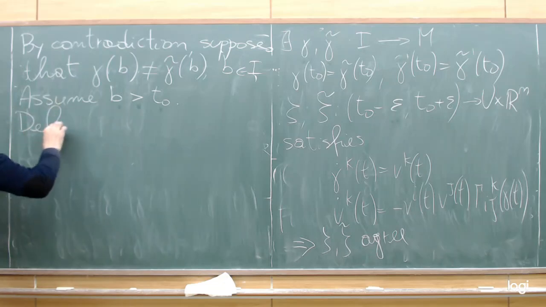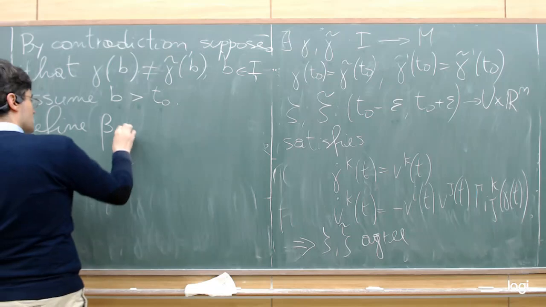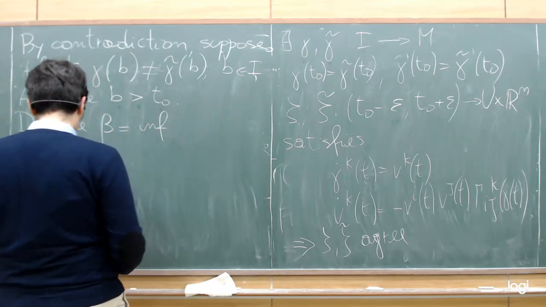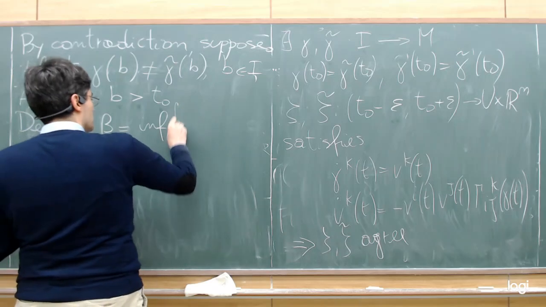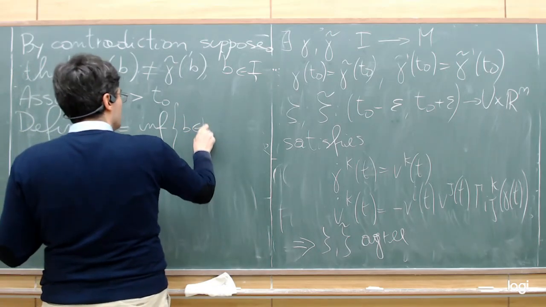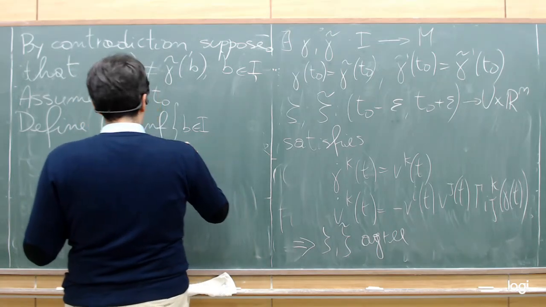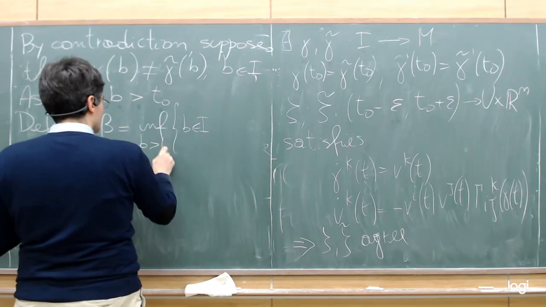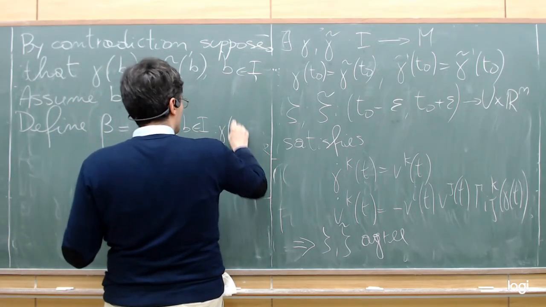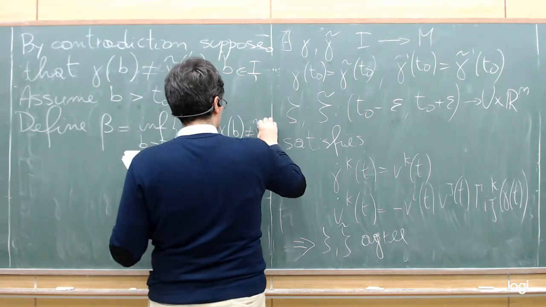Define beta as the infimum of b in I such that b is larger than t0 and gamma(b) different from gamma tilde(b).